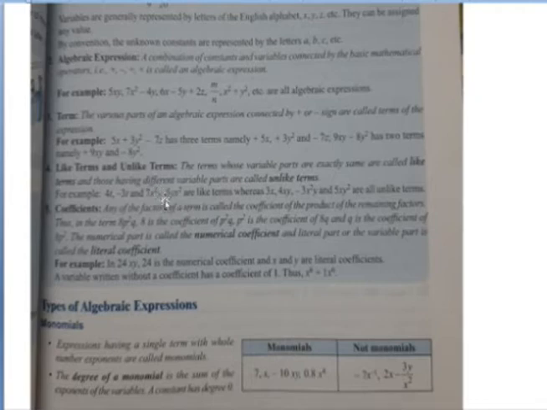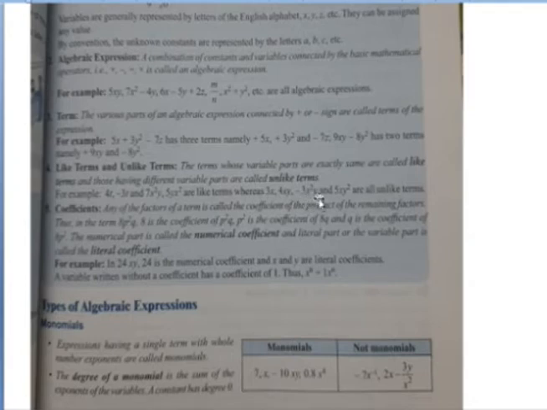So these are similar terms because the degrees of these variables and these variables are the same. So these are like terms. But in unlike terms, degrees of variables will be different. Like here 3x and here 4xy. Here variables are xy and here the variable is only x. So these are unlike terms.